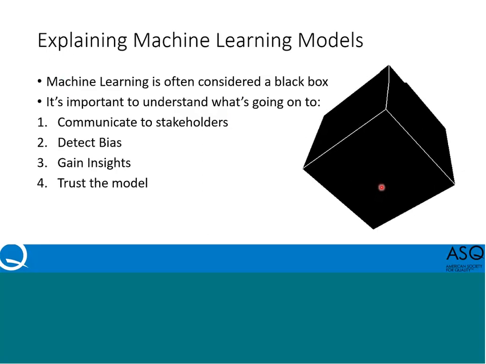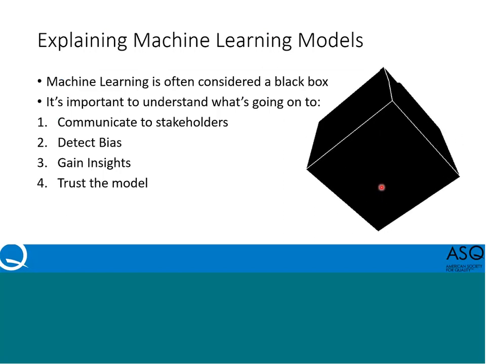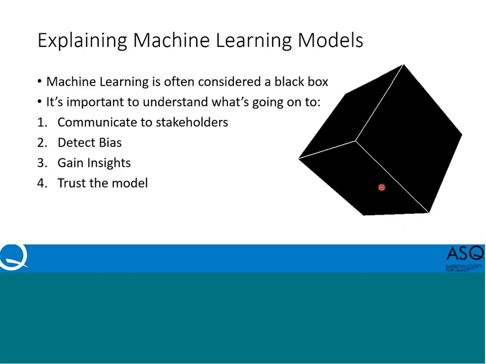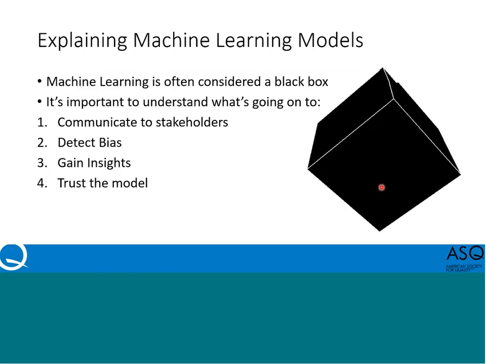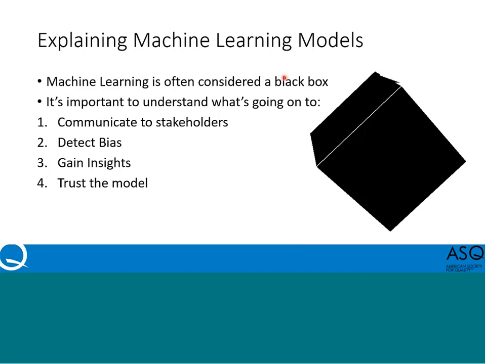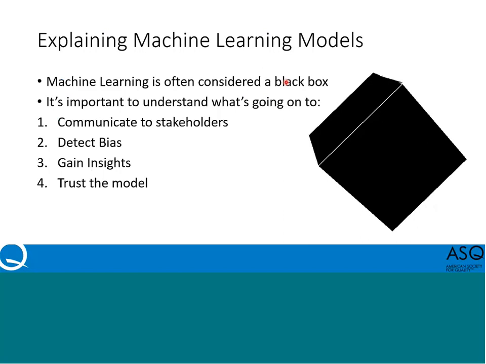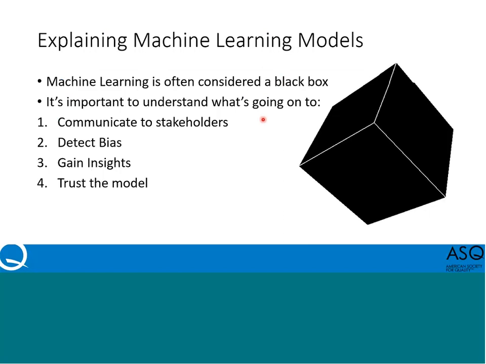And that leads to one of the big opportunities in machine learning: how can you have the best of both worlds? How can you have a model that predicts well, but is also easy to understand? Many people will consider machine learning to be a black box. And in some cases, that's often very true.